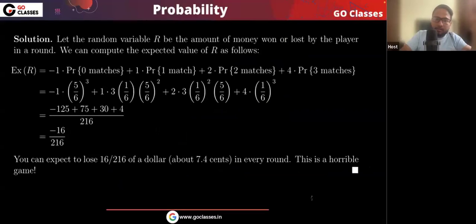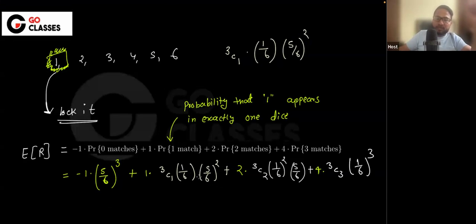Okay. So if you solve this, you will be getting minus 16 upon 216. This is the number. Do you want to cross check it? So how much is this?